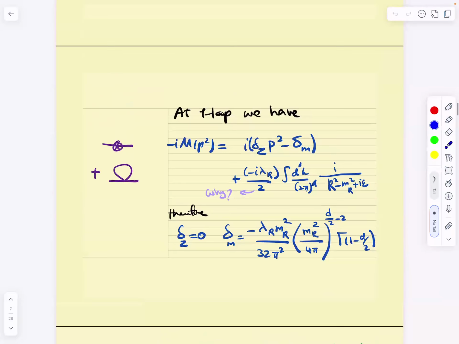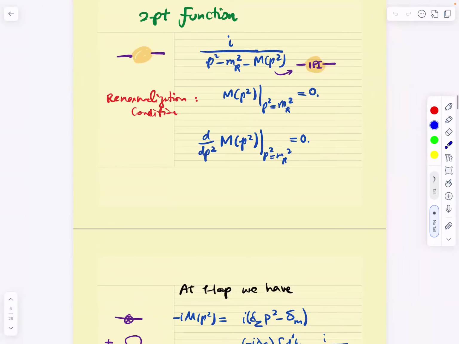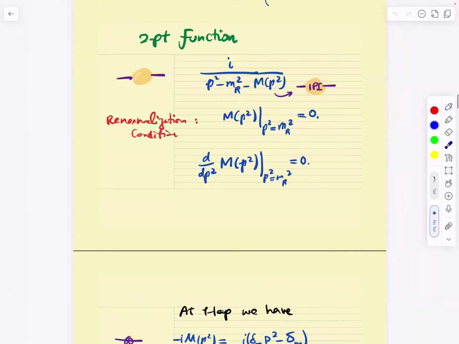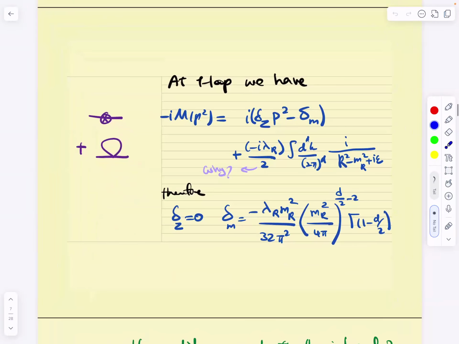So at one loop, for example, here's what's going to happen. At one loop, this M squared of p squared, which is the sum of these two diagrams, is going to be the following. It will be the counter term, which is i delta z p squared minus delta m. That was just by definition, and it was in the Feynman diagrams. And then there's this guy. What is this?